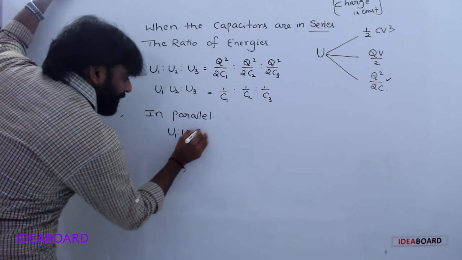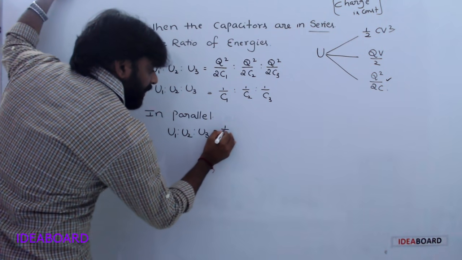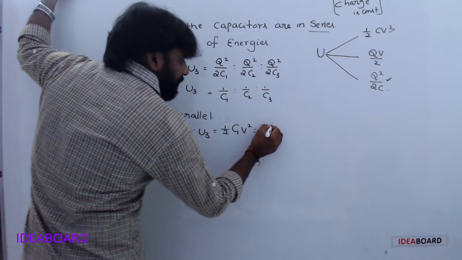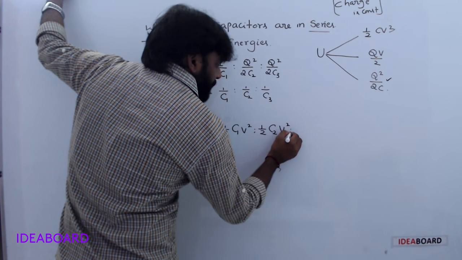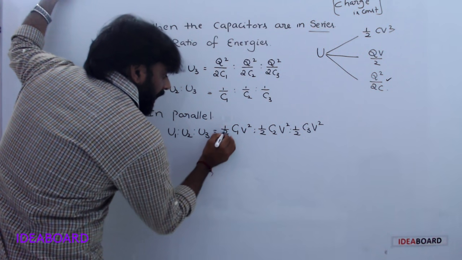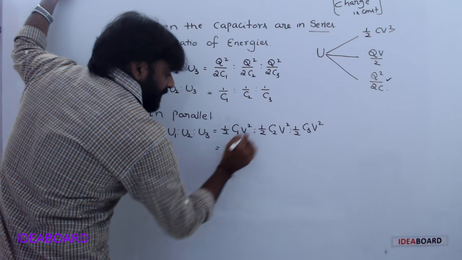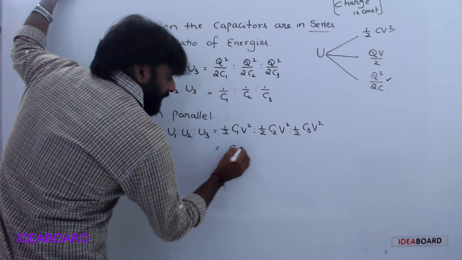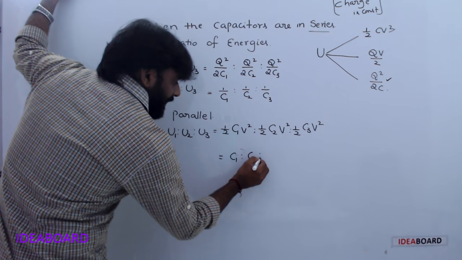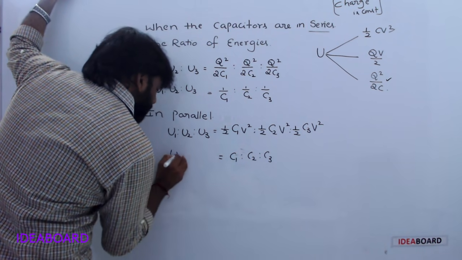U1 : U2 : U3 is equal to ½C1V² : ½C2V² : ½C3V². V² is constant, so you write it as C1 : C2 : C3.